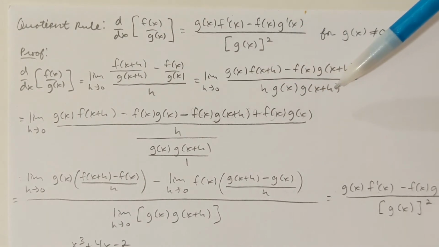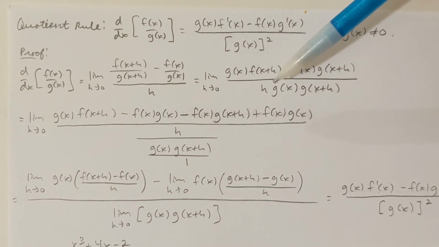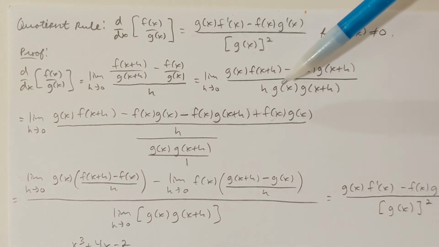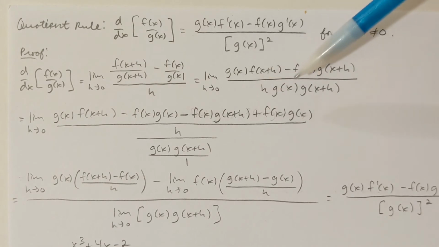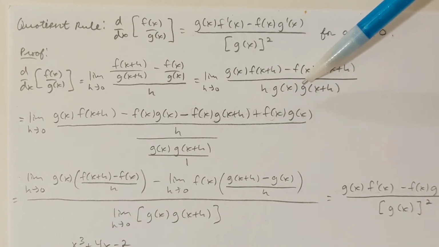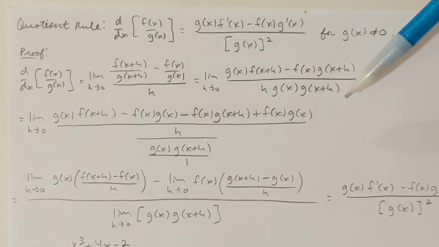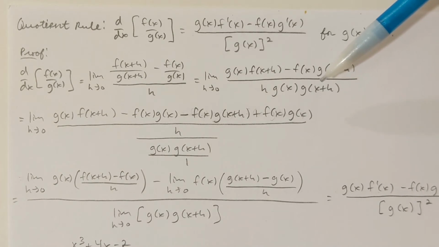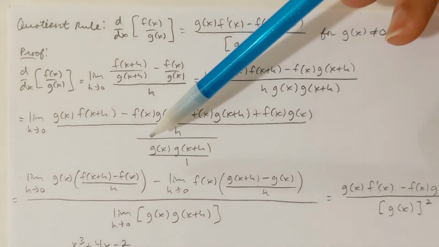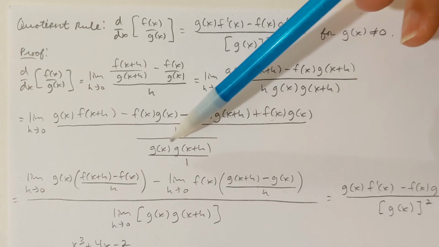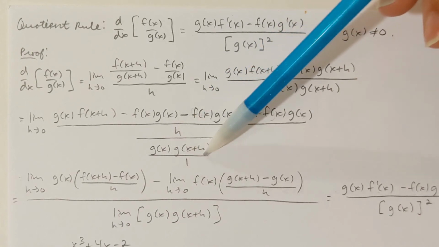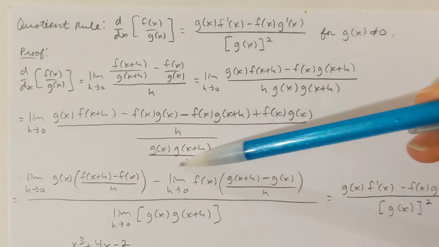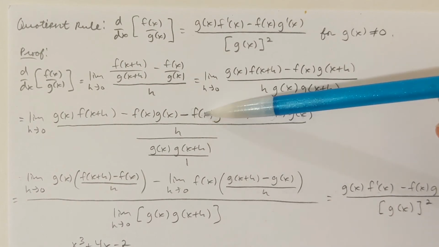In the denominator, if I have h times g of x plus h, I can rewrite this as a division by g of x times g of x plus h over 1, because I'm dividing by a fraction, so I'd flip the denominator and multiply.